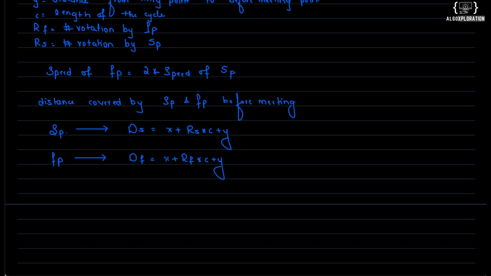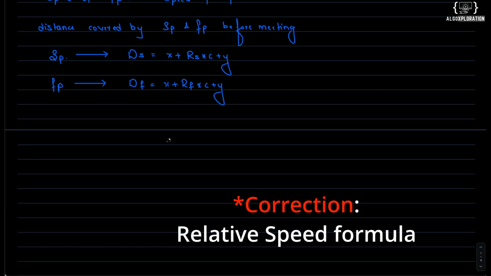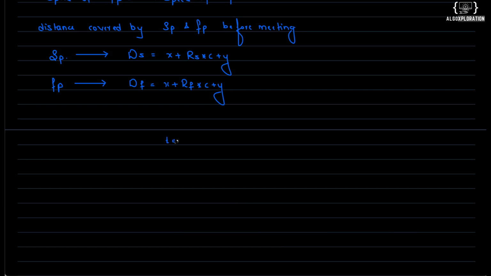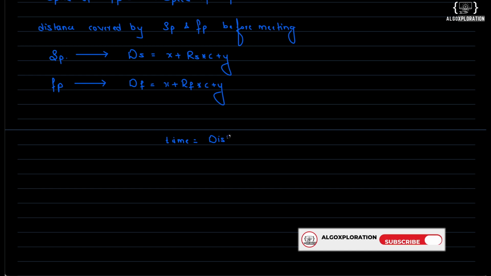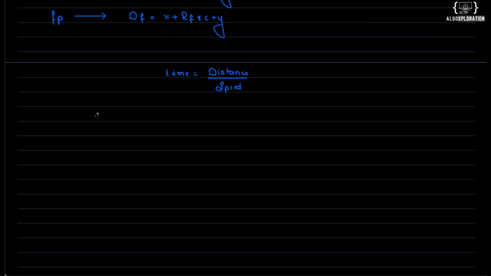Now we know by the relativity formula that time is equal to distance upon speed. So I'll write this formula for the fast pointer: df upon sf is equal to the distance covered by the slow pointer upon the speed of the slow pointer.